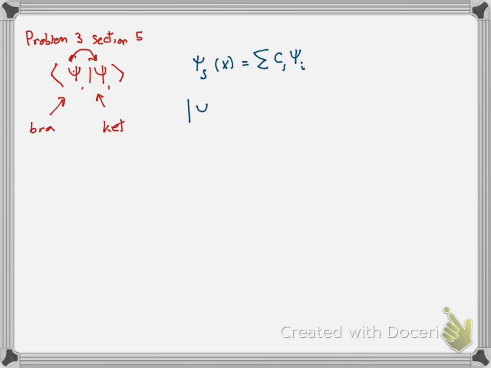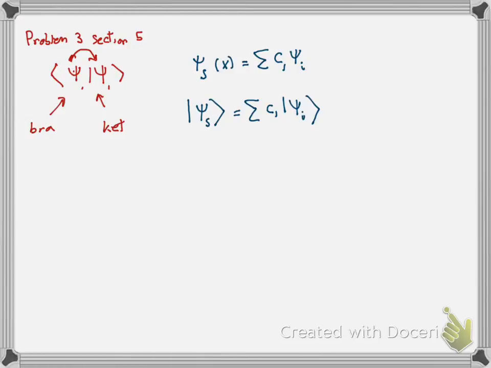Right now, nothing's acting on this wave function, so we can just treat it as a lone ket. And likewise, on the right side, nothing's operated on this multiple yet. So we want to find what C of I could be.